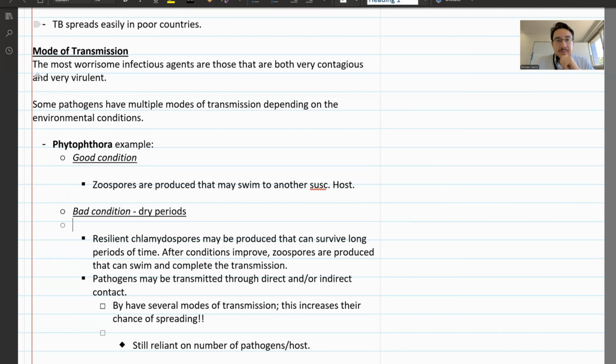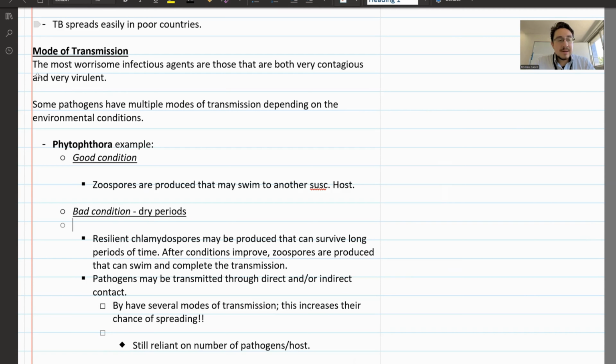And ultimately, it's something that epidemiologists and scientists need to study, because imagine the cases where you have pathogens that are contagious and very virulent. So you want to mitigate and be able to stop the spread as much as you can. And it's especially a lot more difficult with those pathogens that have multiple modes of transmission.